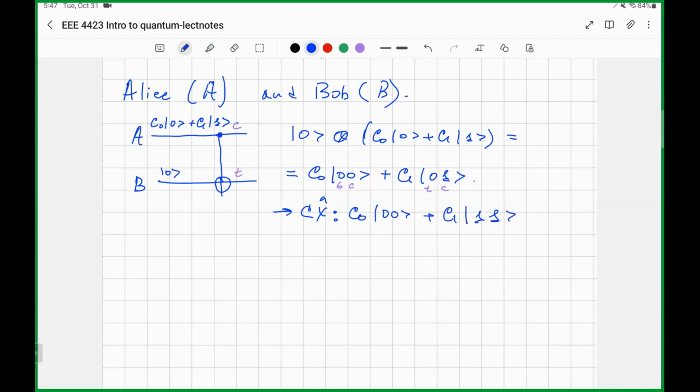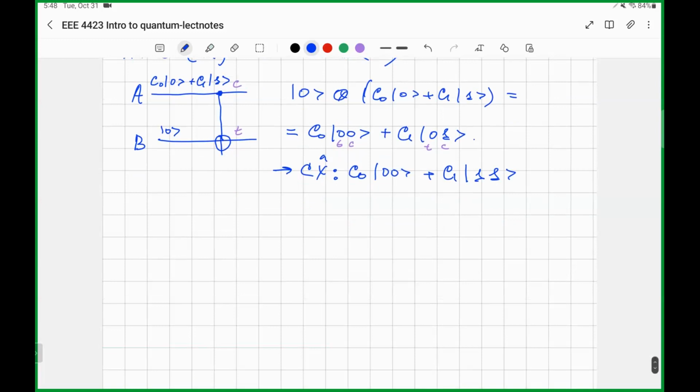We flip the target qubit because the control is 1. This is indeed an entangled state. If C0 and C1 are both equal to 1 over the square root of 2, then it would be a Bell state. Otherwise, this is just an entangled state.